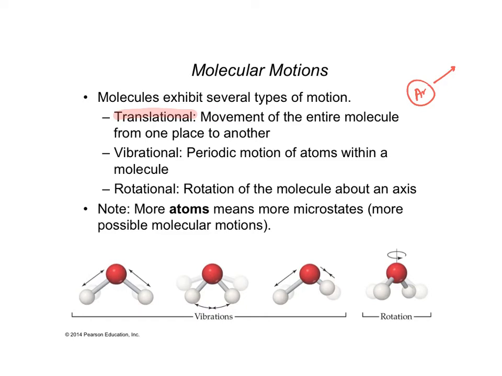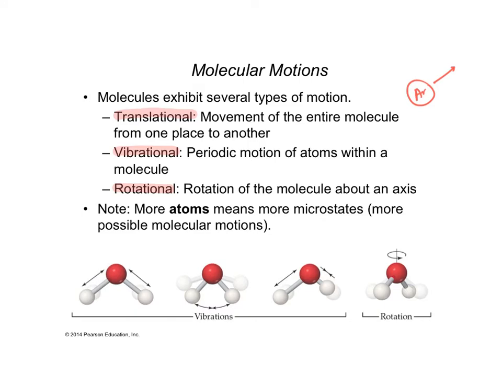There are also vibrational motions. All molecules that have bonds actually vibrate. The bonds themselves vibrate. They act like little masses on a spring. They also move relative to one another. And then there's also rotational motion. Molecules will actually rotate like little tops being spun on their heads.